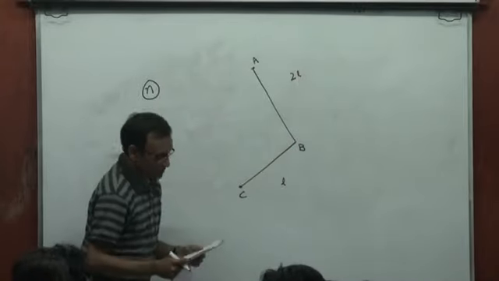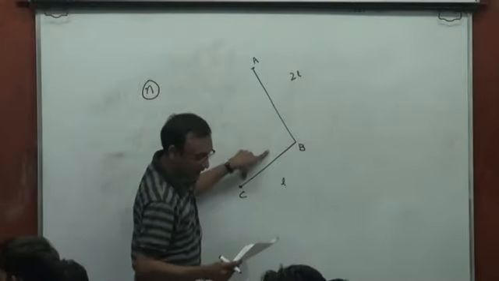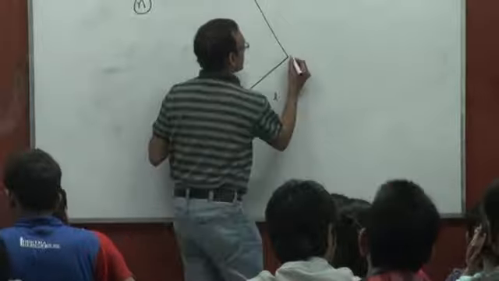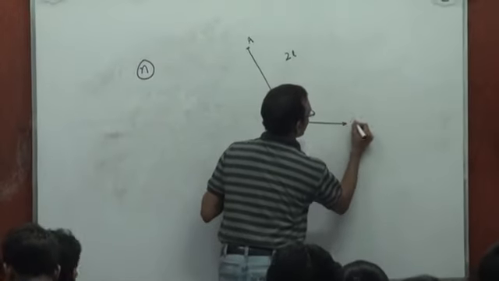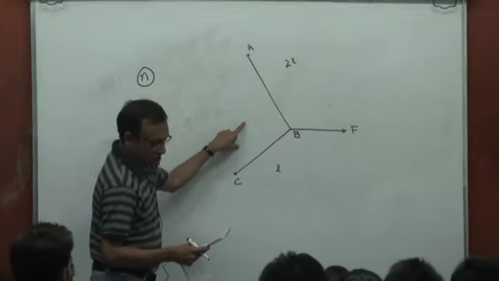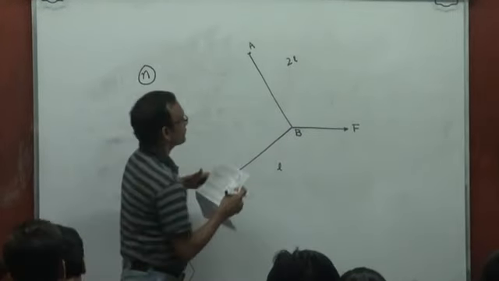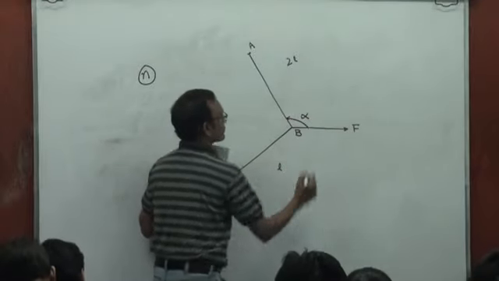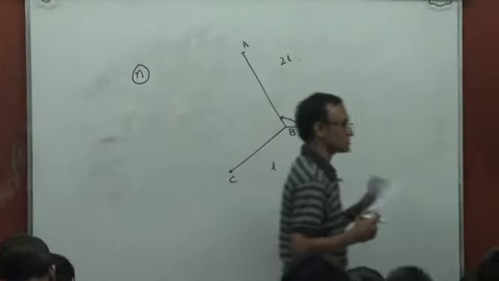There is this L-shaped structure, length 2L and L, placed on a rough horizontal surface and pulled with a force F, so that the rod slides with constant velocity, and we want to be able to find this angle alpha, if it has to slide with constant velocity.